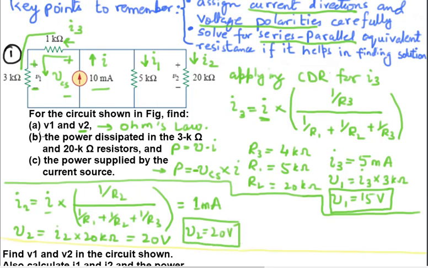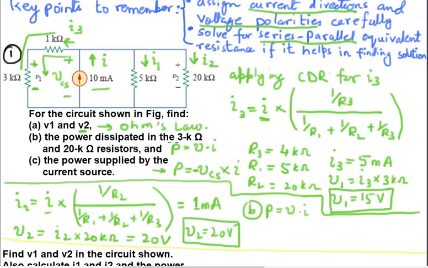Now after part A, part B is very easy to find. Since you need to find the power dissipated in part B, you can use the formula P equals V times I. The power would be positive because it's being consumed by the resistors.